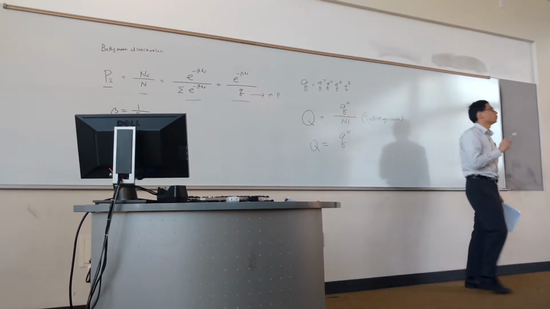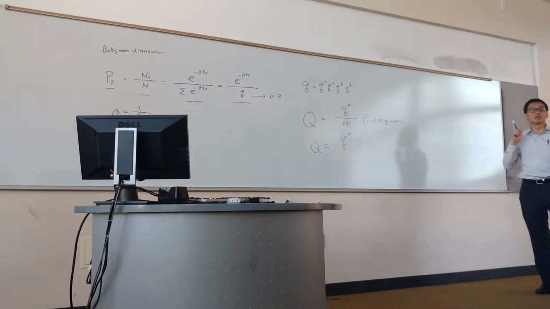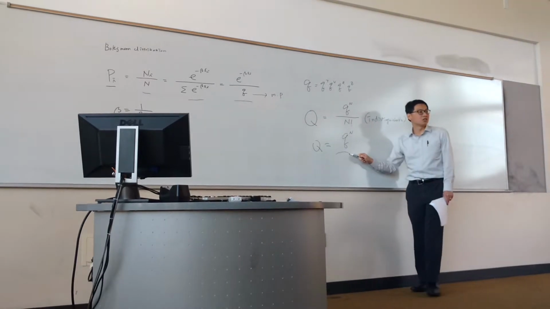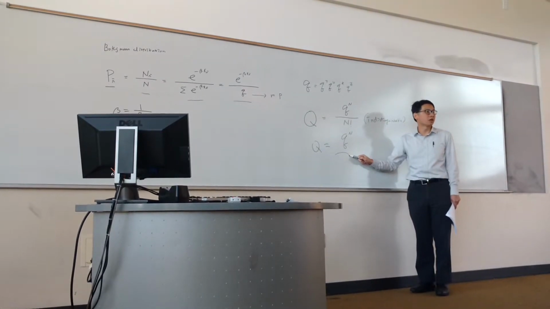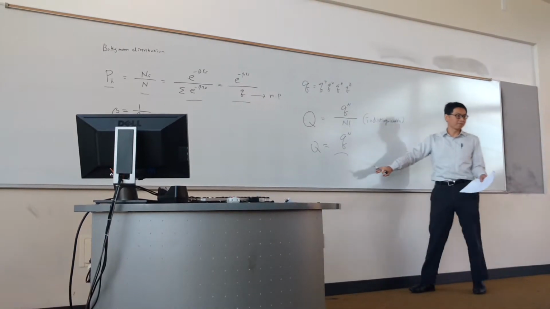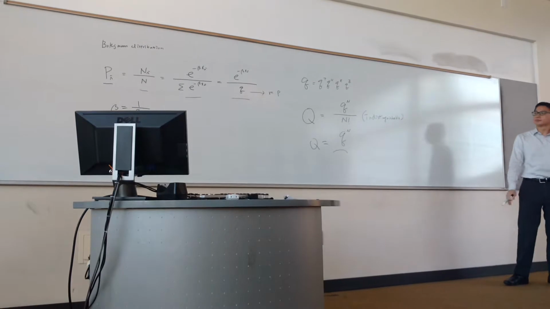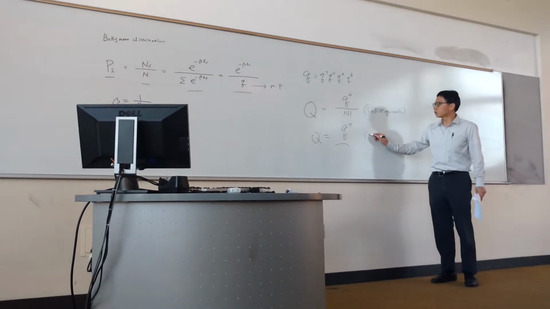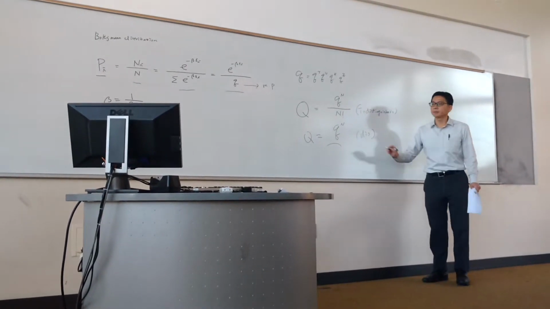So when you read the question, be very careful. If I ask you for the distinguishable one, this is your system partition function. Clear? The bottom one is distinguishable.